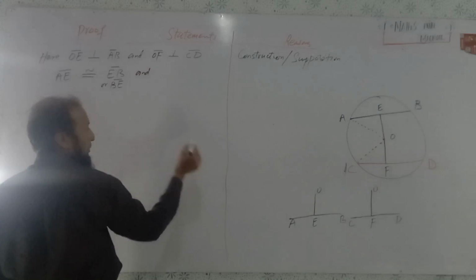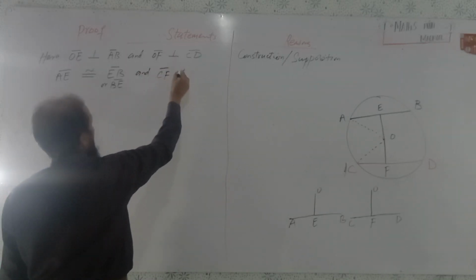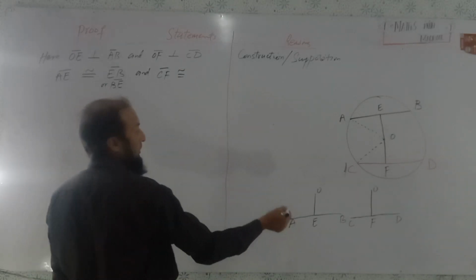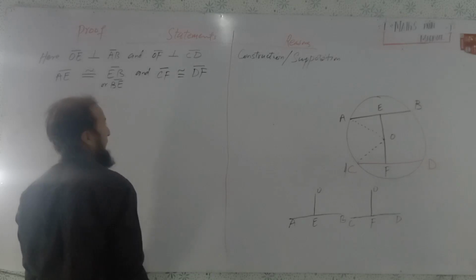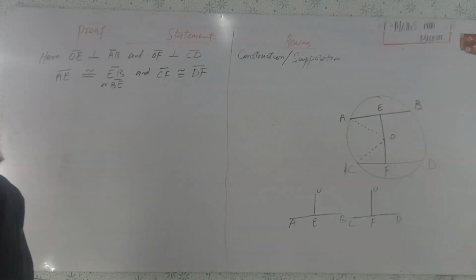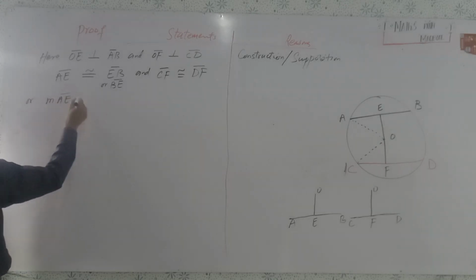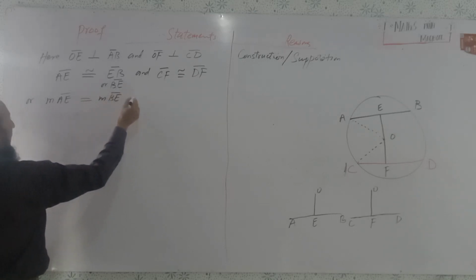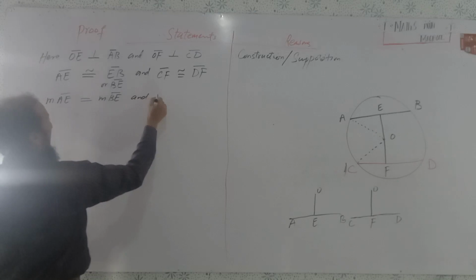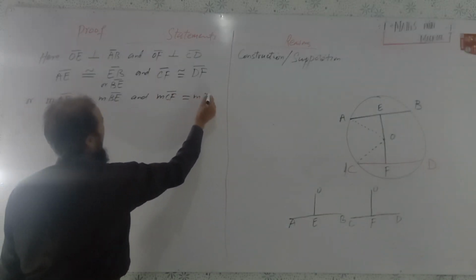Similarly, we can write that line CF is perpendicular to FD. So we can write that measurement AE is congruent to measurement BE, and measurement CF is congruent to measurement DF.